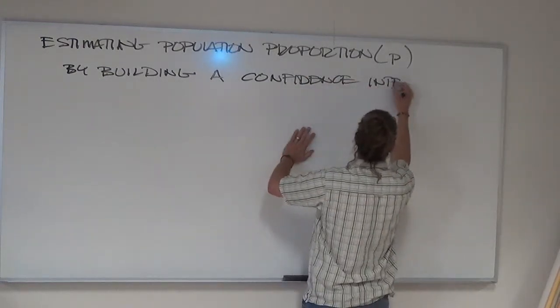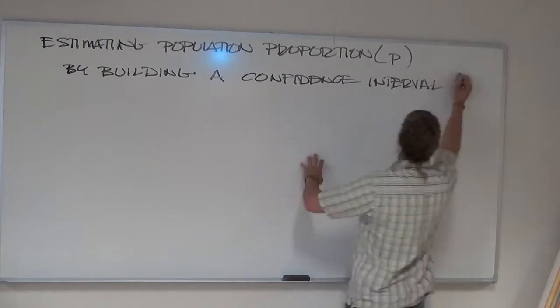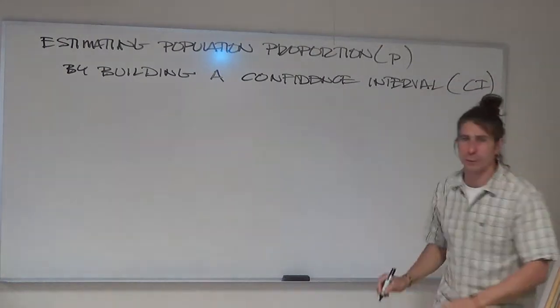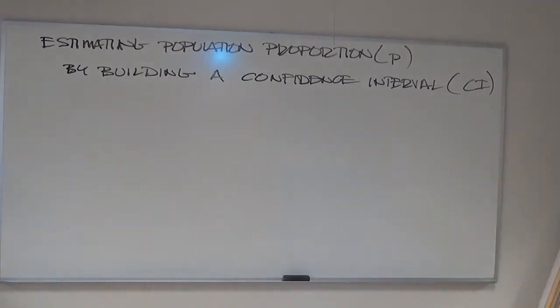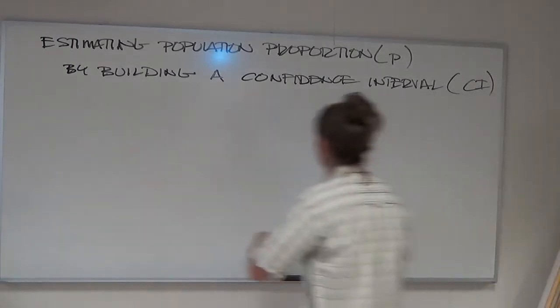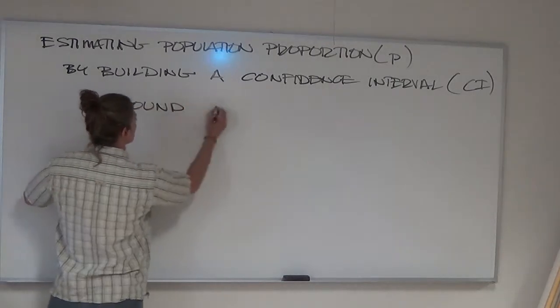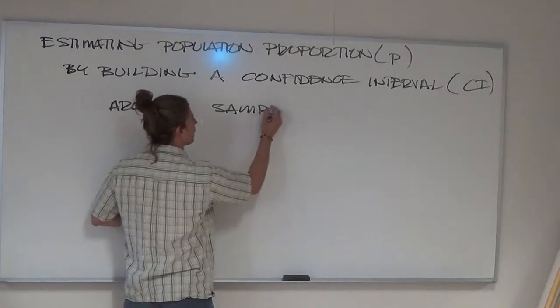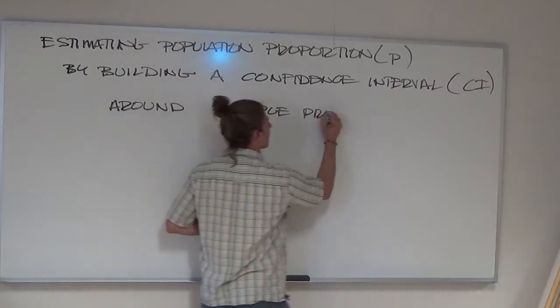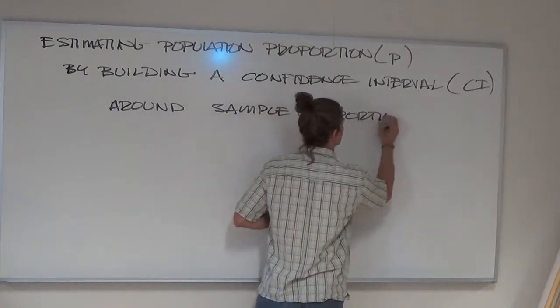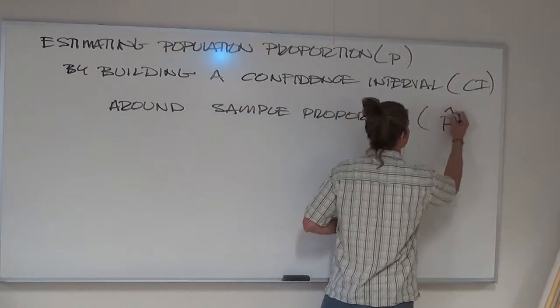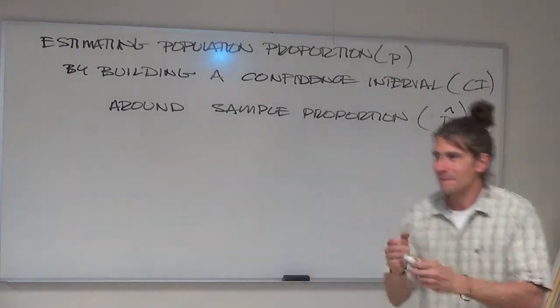And I'm going to start introducing you to my laziness, which is calling this a CI every time. We're going to use it pretty much all the time. So start calling them CIs, confidence intervals. We're going to build a confidence interval around the sample proportion, which we call p hat.